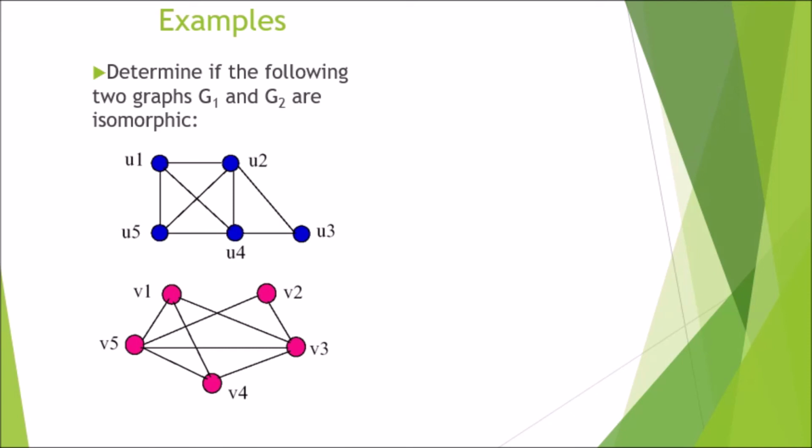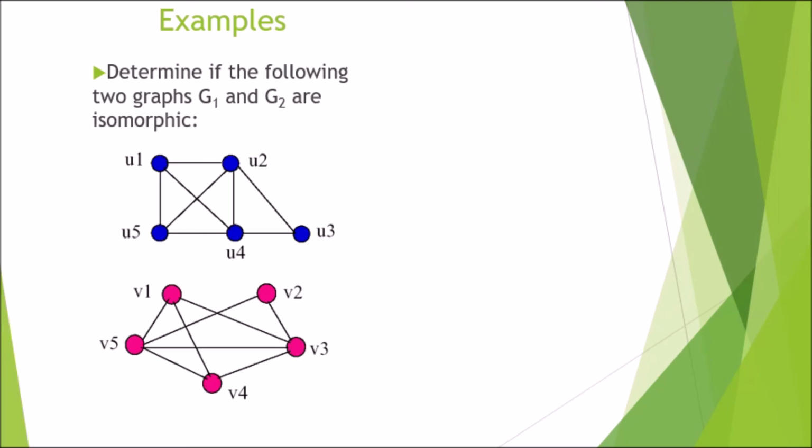And the degrees of the nodes we have to match one by one. For example, U1 in graph 1 has a degree 3 as 3 edges are connected to this node, whereas in graph 2 the V1 node has a degree 3, that means these two nodes match. U2 in graph 1 has a degree 4, whereas in graph 2 V3 has a degree 4, so these two nodes match.